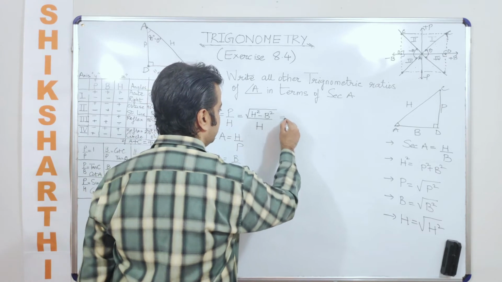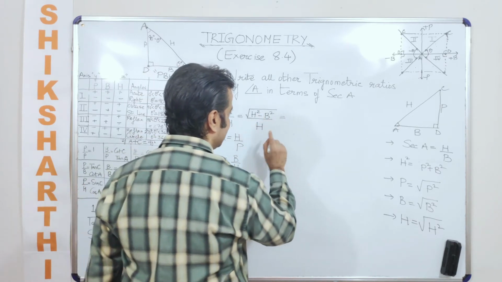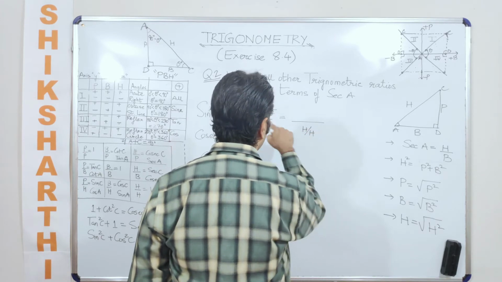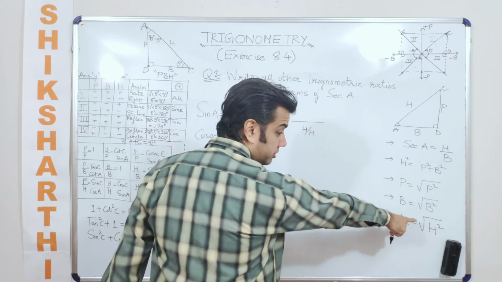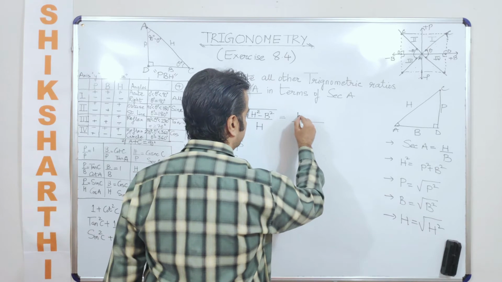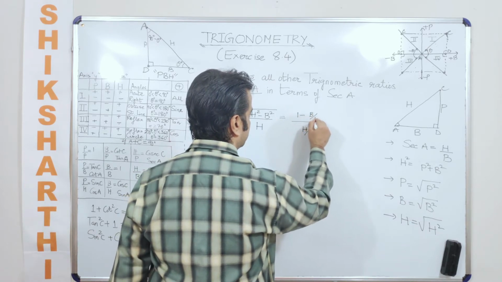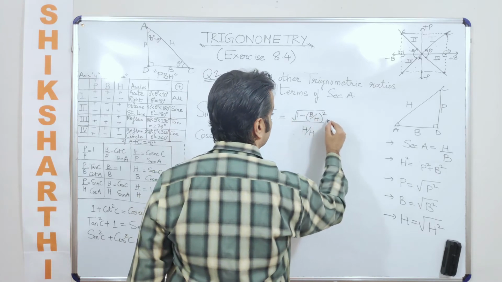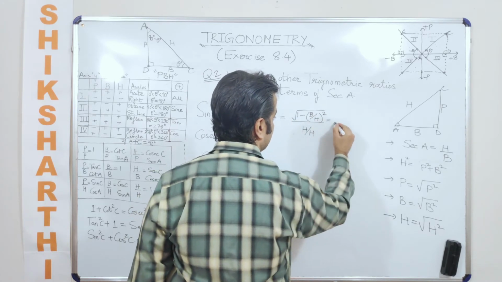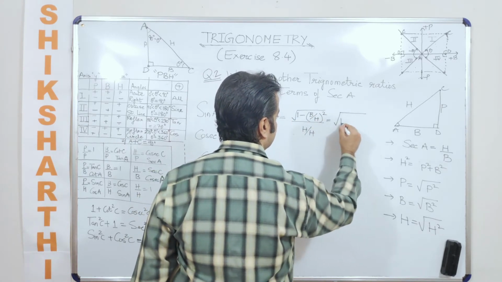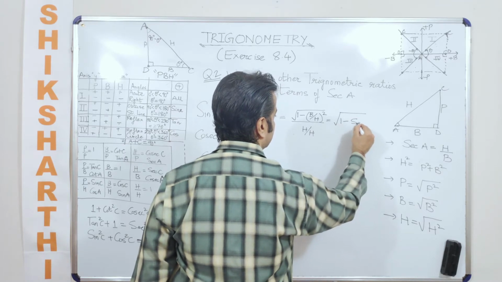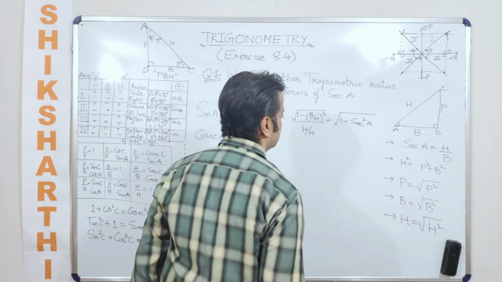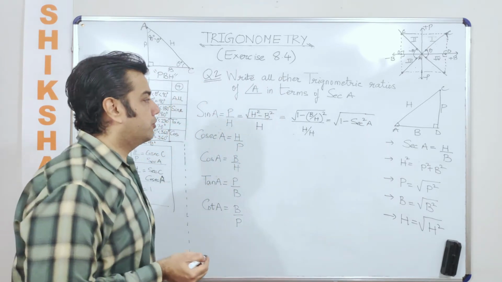Now dividing the numerator and denominator by h, inside a square root means you should divide it by h square. So this comes out to be a 1, and you can write this as 1 minus sec square A. This is something that you get from here.